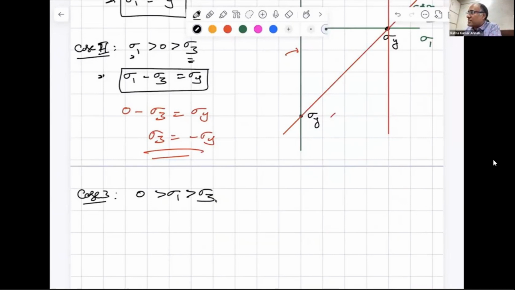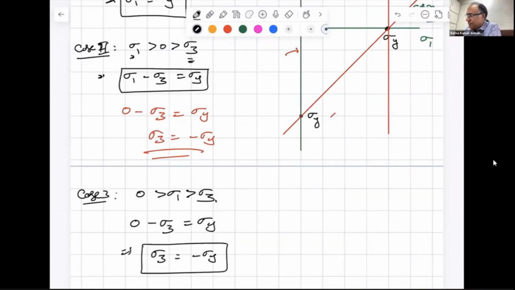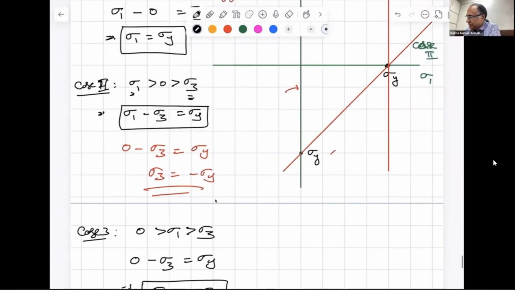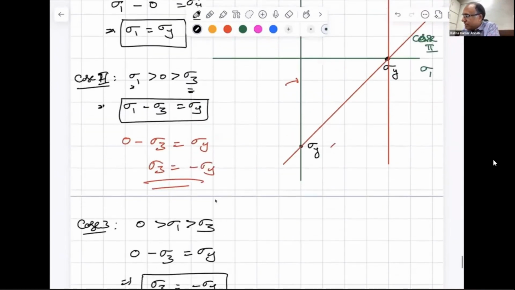Then what is the maximum principal stress? 0. Minimum principal stress will be sigma 3 is equal to sigma y. That implies sigma 3 is equal to minus sigma y. Agreed? So I will identify this is my minus sigma y. Do you agree?